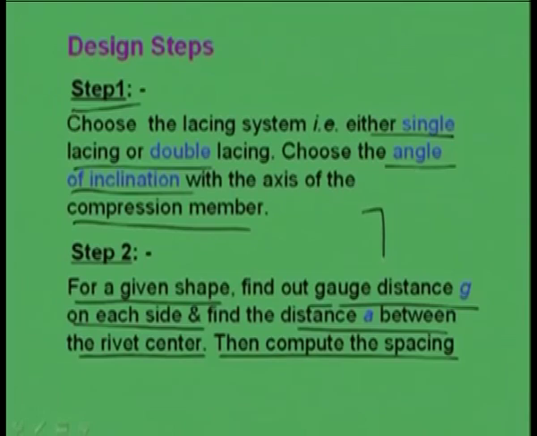Decide means we will choose, and then we will find out the distance A. That means, suppose this is a channel section, we are choosing say back to back channel section, then we know what the gauge distance is. We know the gauge distance, and we will find out the spacing for the optimum use of the material, and then we will find out A. A means basically A will be S plus 2G, that we will find out.